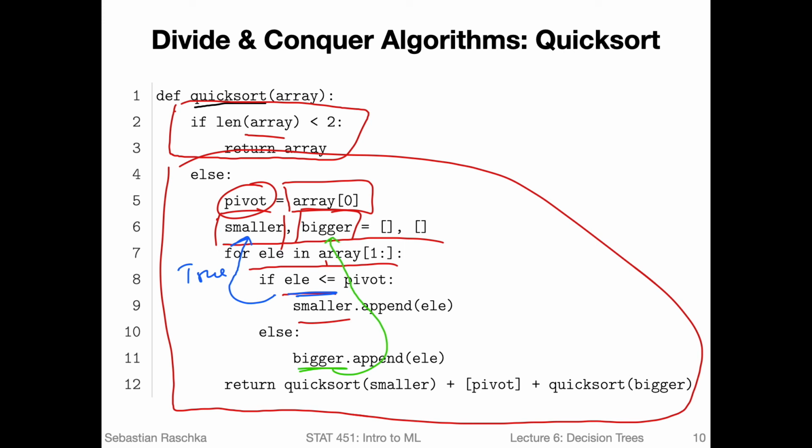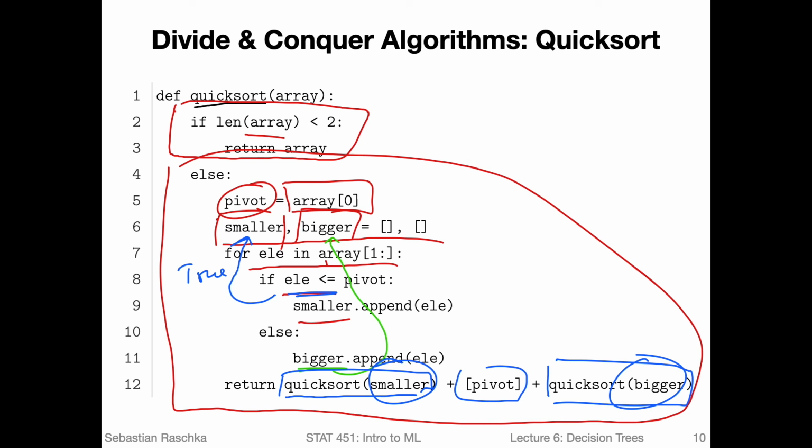And then we have the recursive nature here. After we sorted that into the bigger and the smaller one, we again call quicksort 2 times. We call it on the smaller array and we call it on the bigger array, and the pivot is the one in the middle. So the pivot is basically one element in the sorted list, whereas smaller is something we still have to sort and bigger is also something we still have to sort.